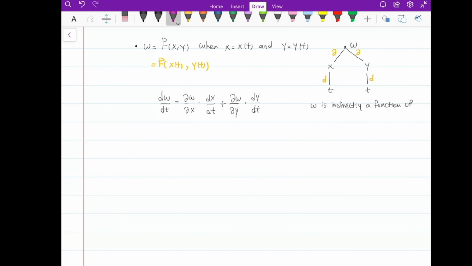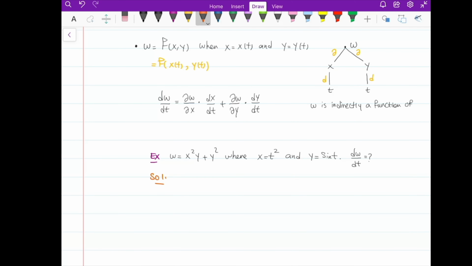Okay, let's look at one example. If w is x squared y plus y squared, where x is equal to t squared and y equals sine of t, what is dw/dt?